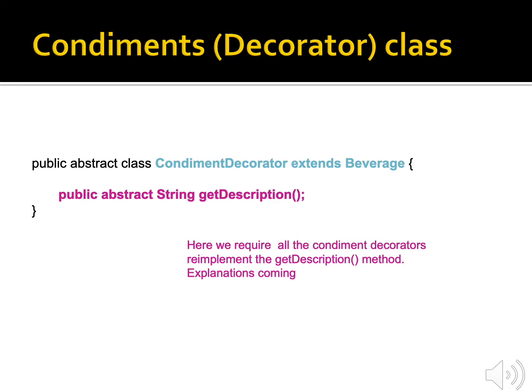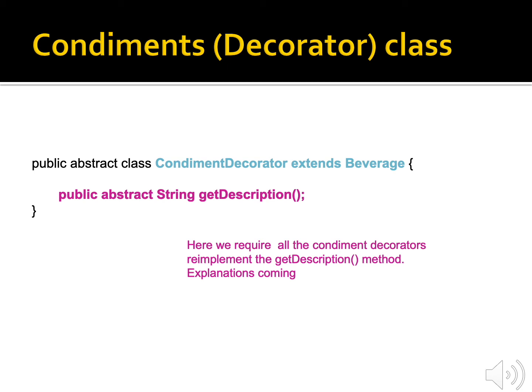Next, there is a decorator class, as we are adding or attaching the condiments to our beverage item, or the component. So we have taken the condiment decorator. You have to extend it from your component class, which in this case is the beverage class.